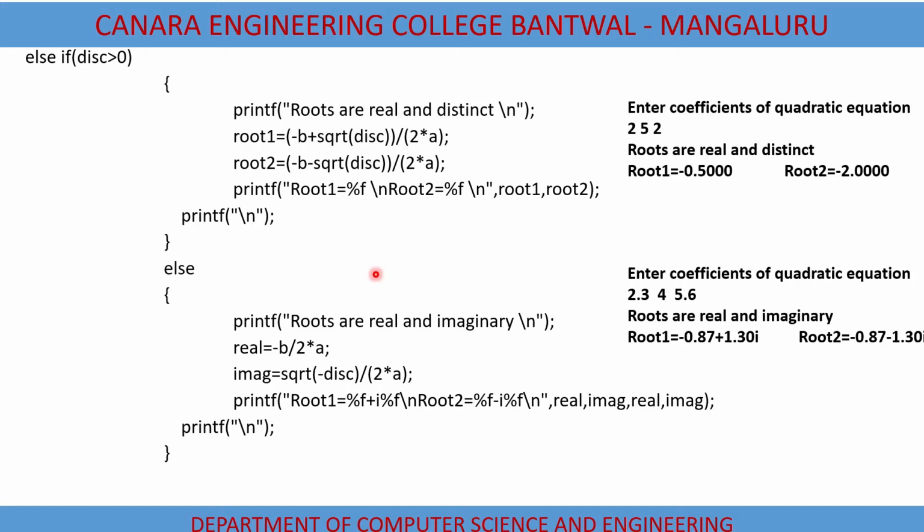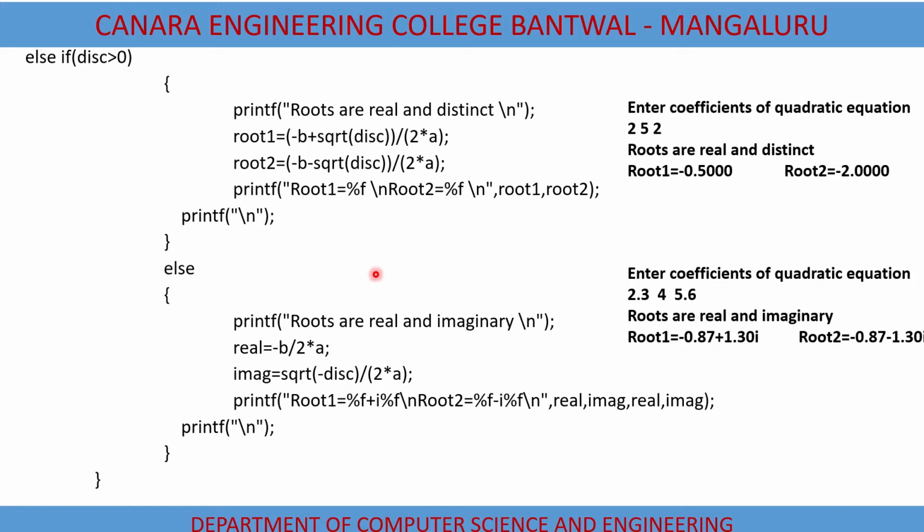Real is equal to minus b by 2 into a. The same way it calculates the imaginary value. Image is equal to square root of minus of discriminant divided by 2 into a. Then we are going to print the values of root 1, root 2 and real and imaginary parts. Okay, so this finishes the program.